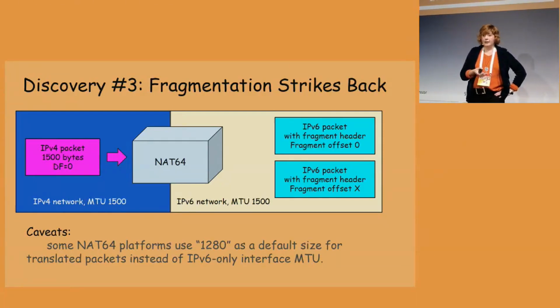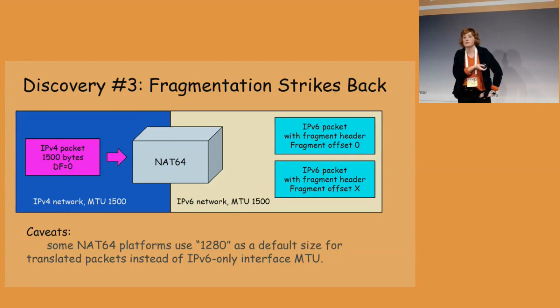So yeah, what's gonna happen? Your NAT64 will create 2 packets fragmented with fragment headers. And by the way, some devices are not even using 1500 as a packet size. They're using 1280 as a default fragmentation size in this case. Fortunately, it's configurable.